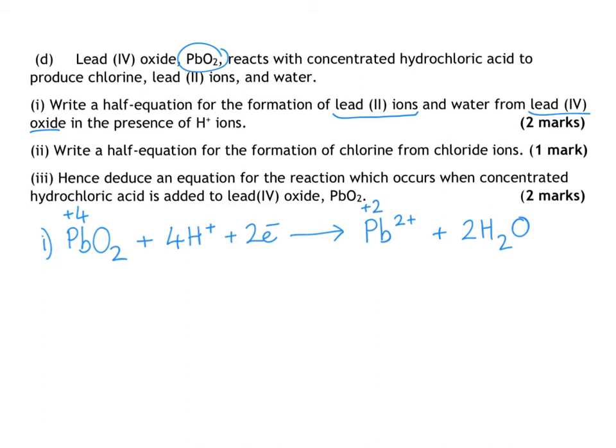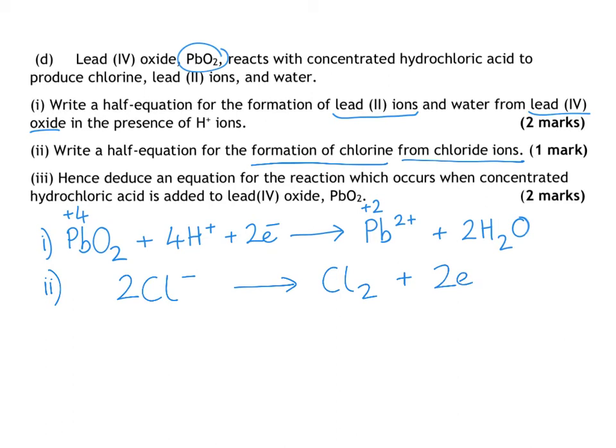Okay, next part, formation of chlorine from chloride ions. Again, this has got to be in your top 10 lists of half equations you should just be able to write. So make sure you read the question right. It's formation of chlorine from chloride. So I'm going to start with chloride, and I'm going to make chlorine, and I'm going to produce 2 electrons when I'm doing that.